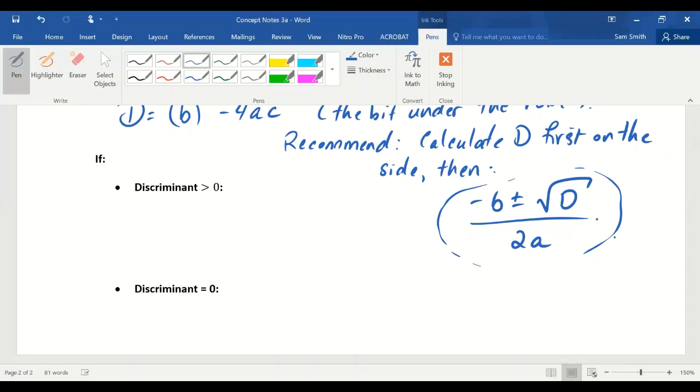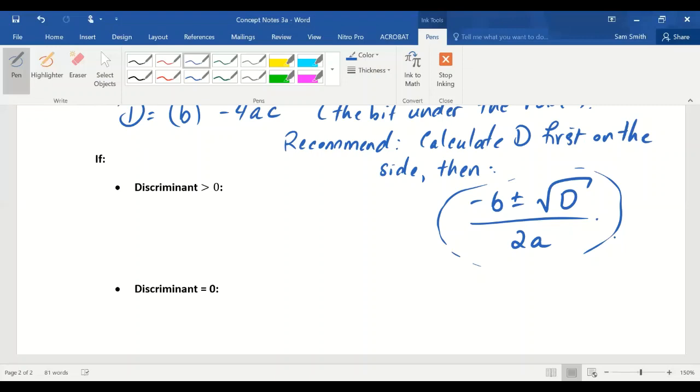Rather than trying to do something huge and hefty all at once. There is a second advantage, though, to calculating the discriminant separately before anything else, and that's sometimes, if you're lucky, you can escape the problem very quickly. You can be done with the problem very early if you calculate the discriminant first. And that's because of the following principle.